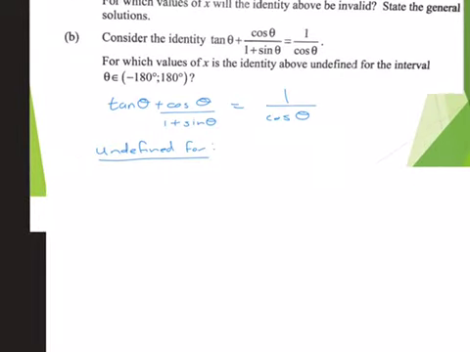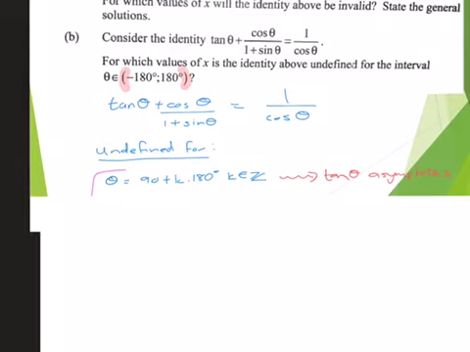Right, for the last one, it says consider the identity tan theta plus cos theta over 1 plus sin theta equals 1 over cos theta, for which values of theta is the identity above undefined for the interval of theta negative 180 to 180. Also, just please note that these are round brackets, so we can't include negative 180 and 180. Here, straight away, I'm seeing a tan, so it's got to be 90 plus k180 for tan's asymptotes.